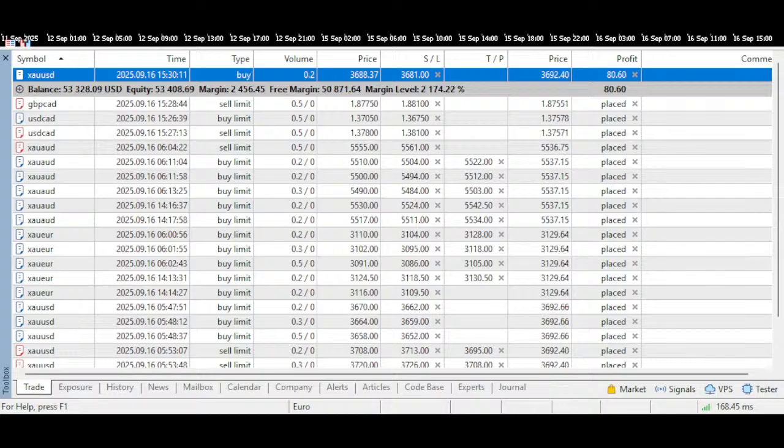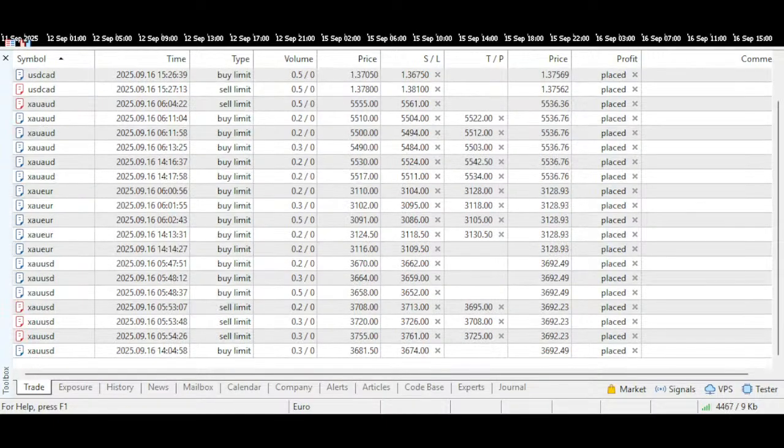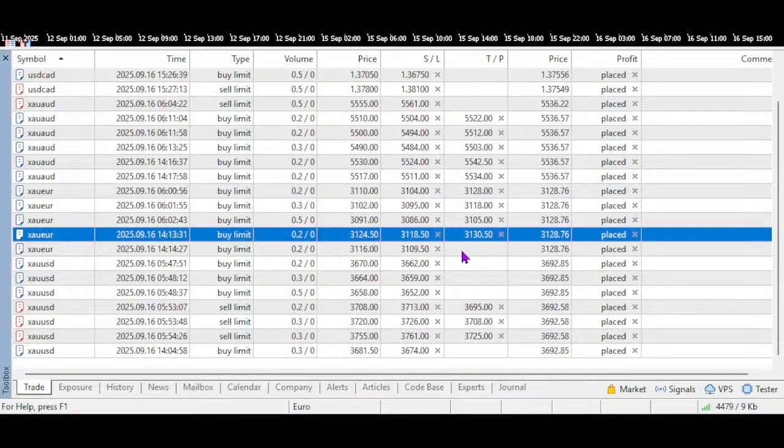So let's get back on track. The gold euro is still within the range. The only thing we can do is, early on we had a buy on gold euro at 24 and a half.